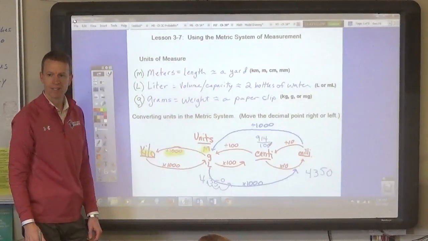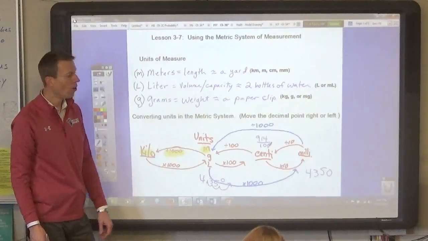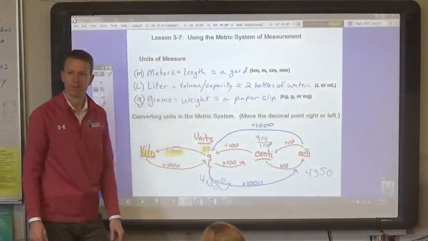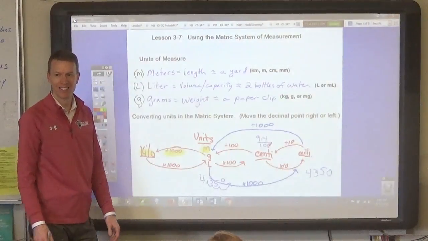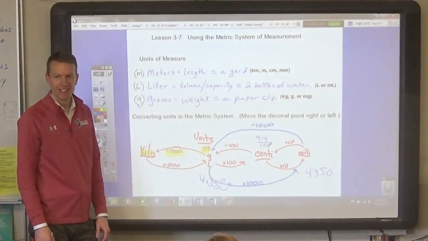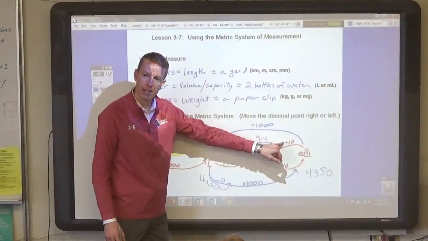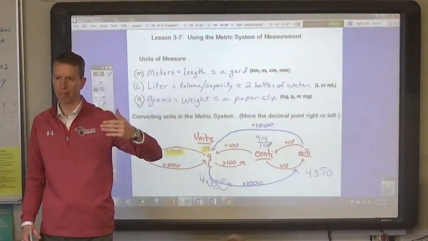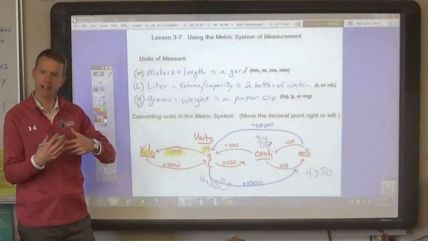How do we do that? Just divide it, or we could move the decimal point. Which direction? Right or left? Well, if we moved it to the right, we're going to make the number bigger. Does that make sense for dividing it? Wouldn't the answer be smaller if we're dividing it?